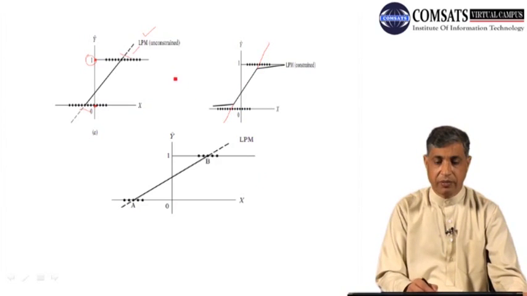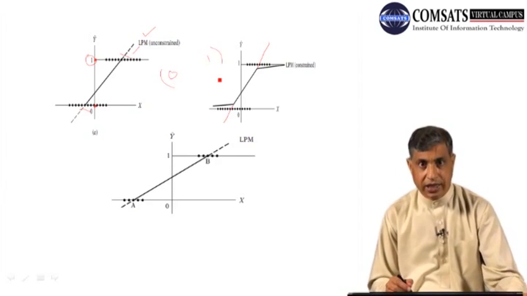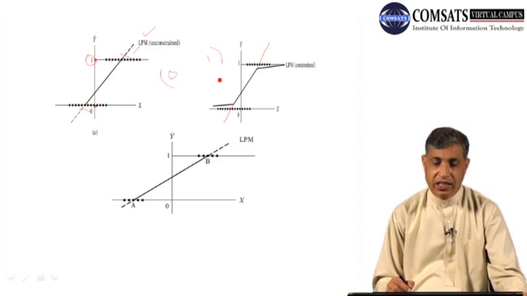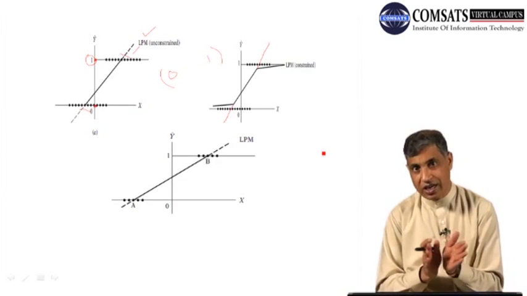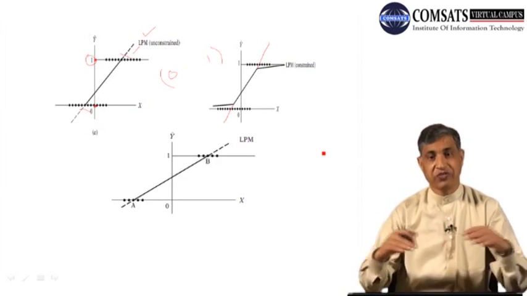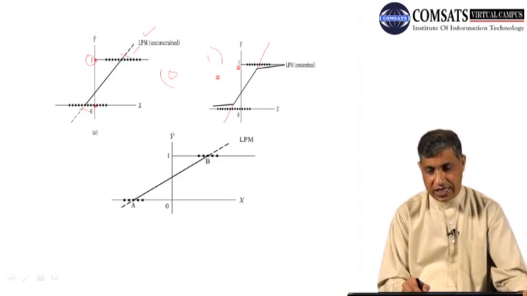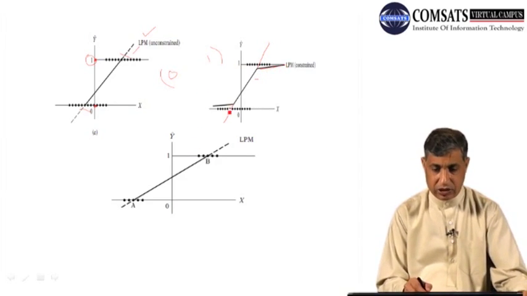You know our limit is 0 to 1, not less than 0 and not greater than 1. So we put some restriction on this. Now it is bound to be within the limit, and it is changing its trend here and also here.